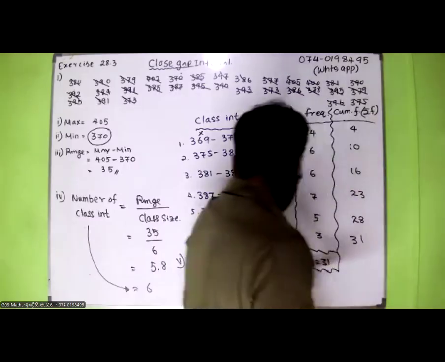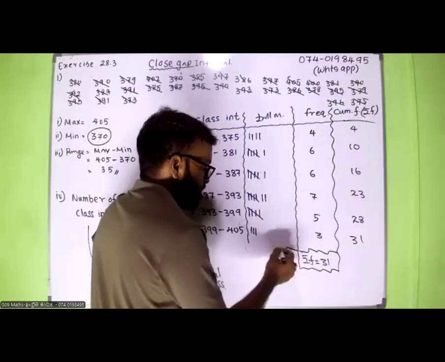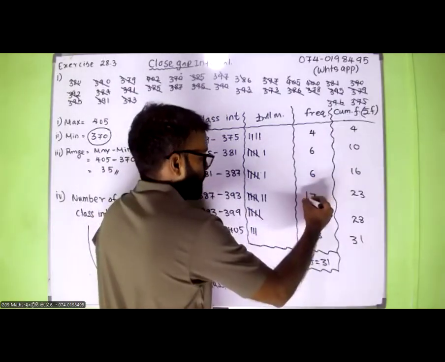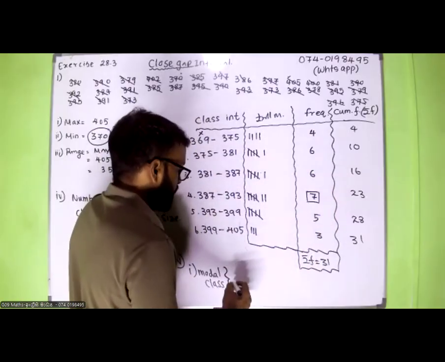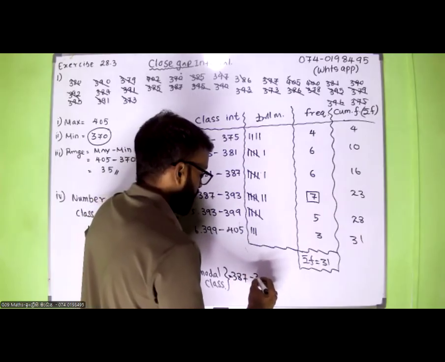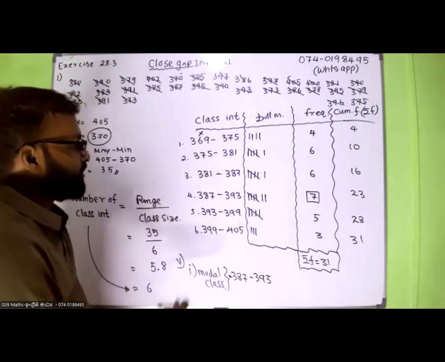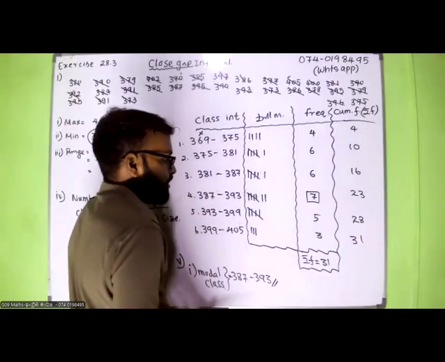So over here, what is the highest frequency that you can see? 7, right? This is the highest frequency. So the modal class is 387 to 393 should be the modal class.